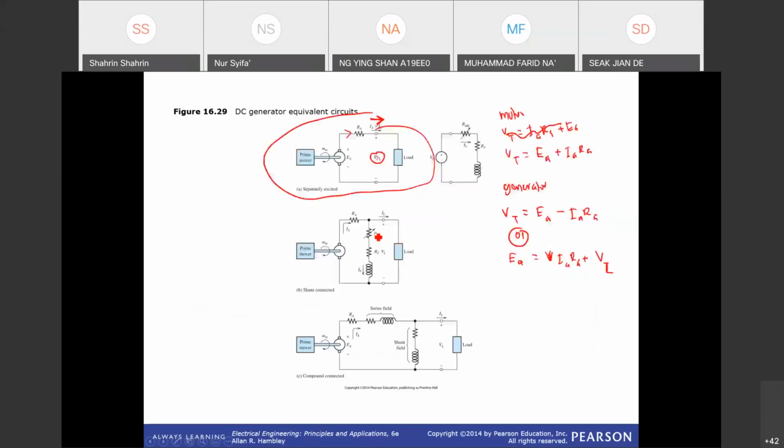Why? Because when you look at the shunt connection here, this is your IL. When your IL is increased, definitely IF will reduce, because I source is equal to I load plus IF.